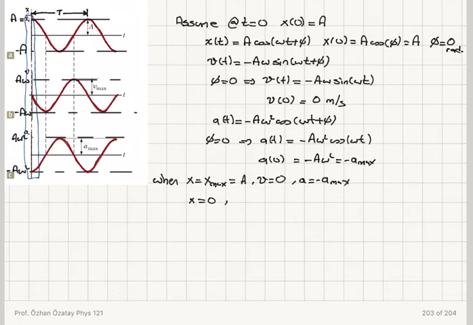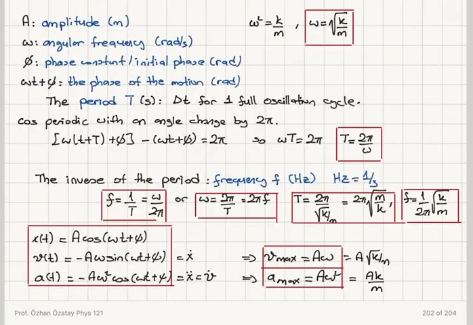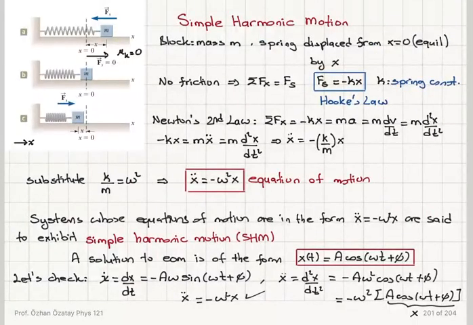And on the other hand, if you look at what happens at x is equal to 0, then what is the value of the velocity here? Velocity is minus v max, or the speed is maximum.